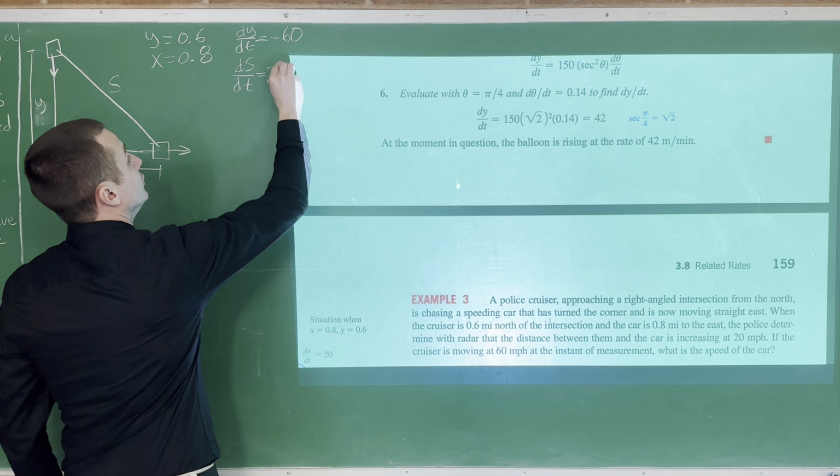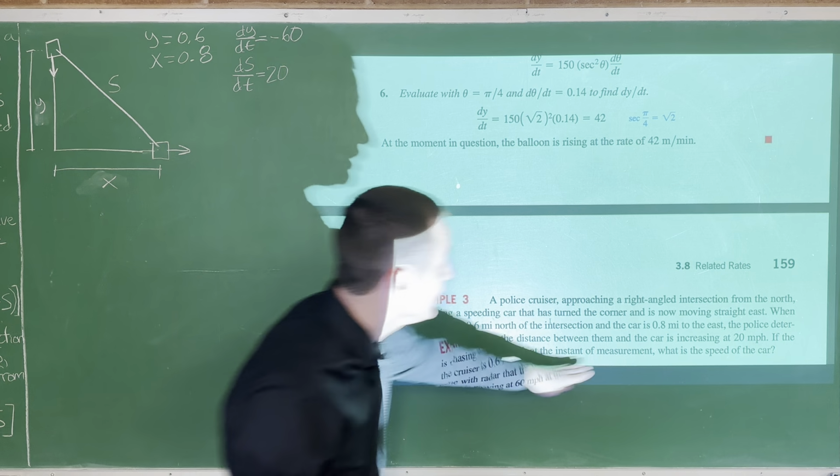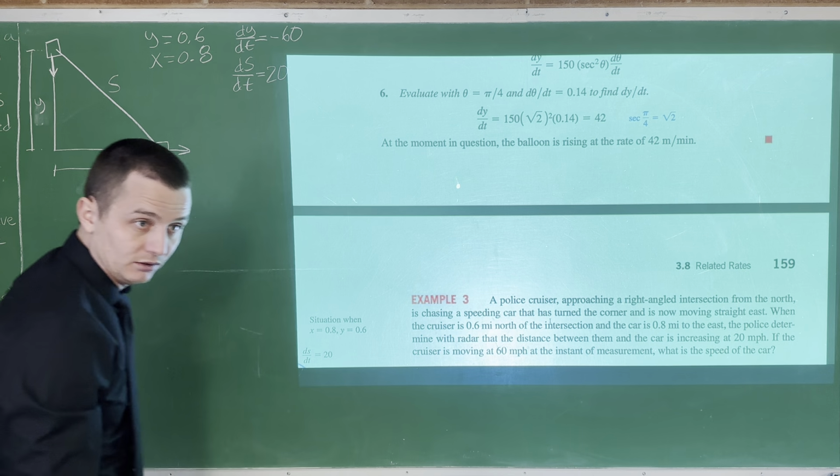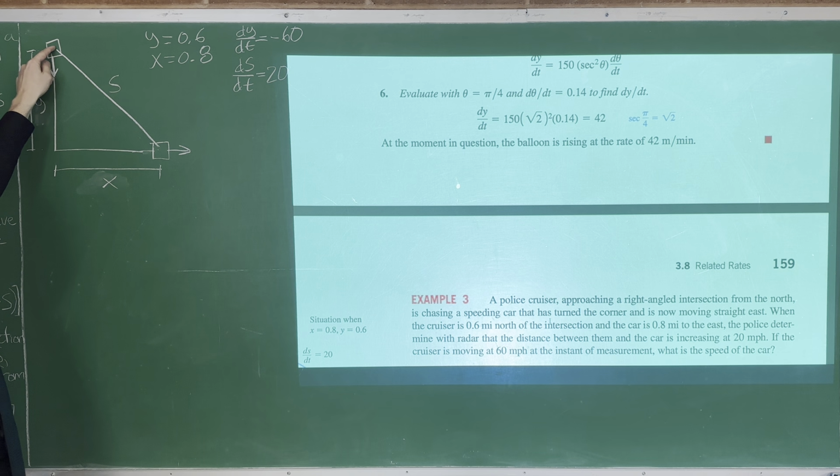The police determine with radar that the distance between the police car and the car it's chasing is increasing at 20 miles per hour. So, sanity check right out the door: this car better be going faster than this car. Maybe that's still not true because of the angle between them.